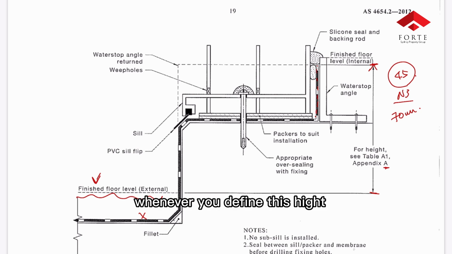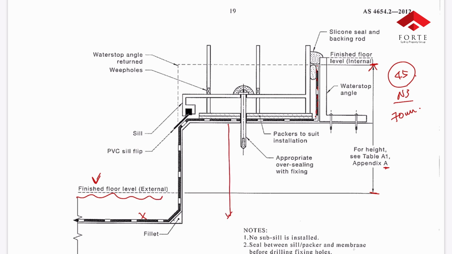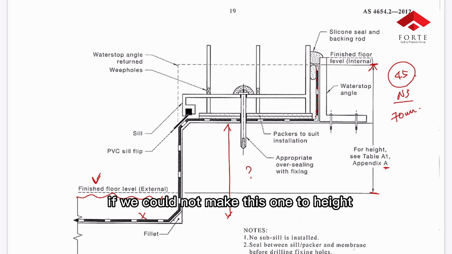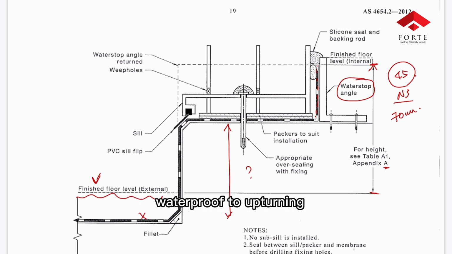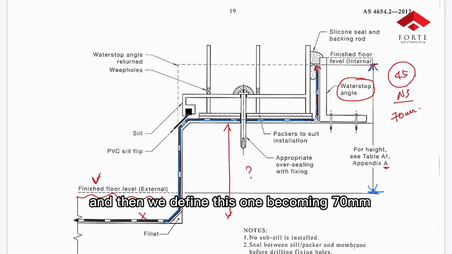Whenever you define this height as a hob or step down, if we cannot make it too high, then we use this water stop angle so the waterproofing turns up to there. So this becomes the waterproof here, and we define this as 70 millimeters.